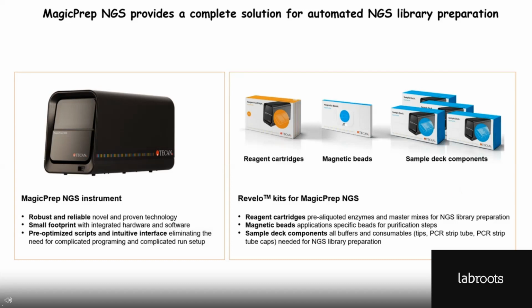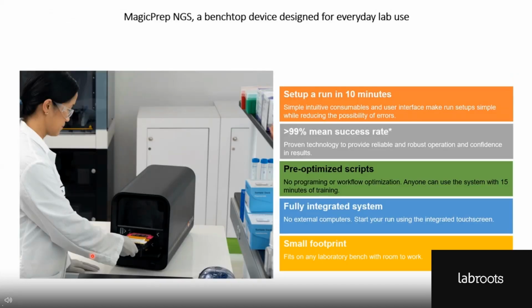For setup, you just load your RNA sample, and if you have DNA, you can do that as well. You can just walk away from it. It's a fully integrated system where everything is completely automated, and you can go and have a good time while the library is being made.